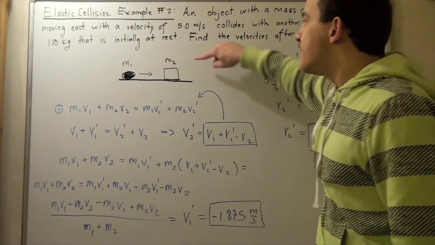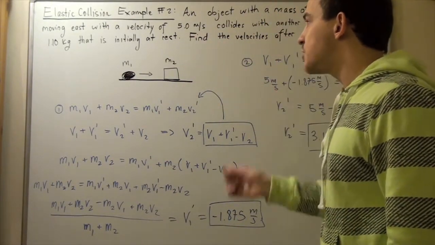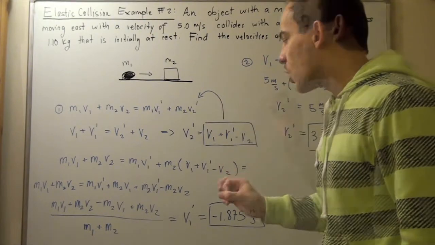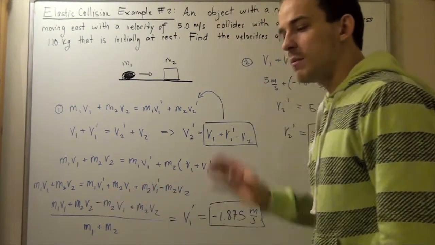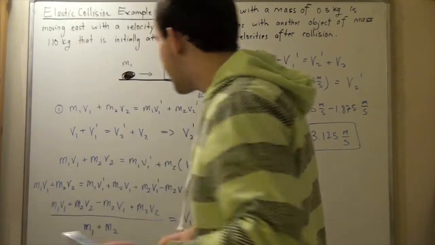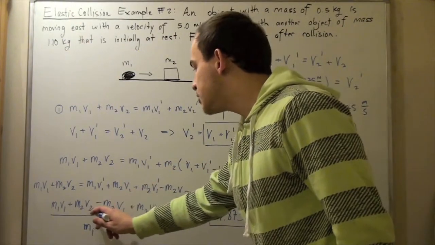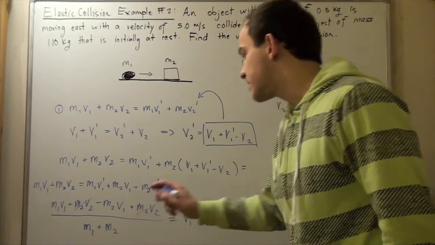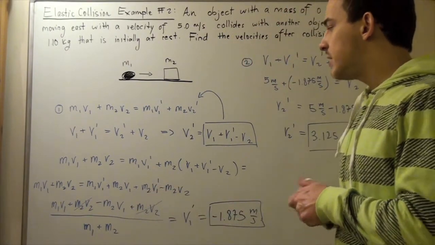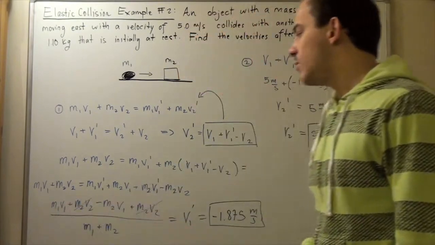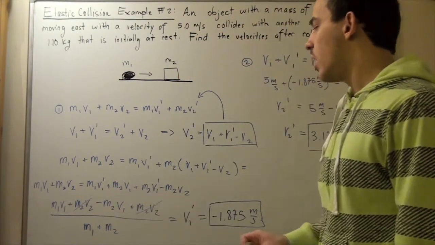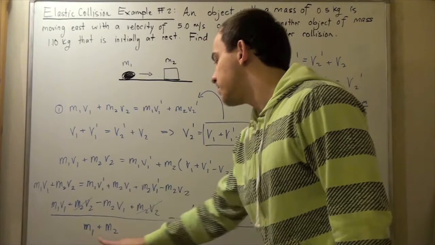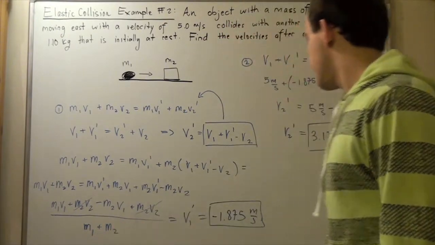Now notice that v2, our initial velocity of object 2, is 0. So anything with a v2 term will cancel out because it has a value of 0. So v2 is 0, so this term cancels out, and v2 here is 0, so this term cancels out. And we are simply left with m1 times v1 minus m2 times v1, divided by m1 plus m2.